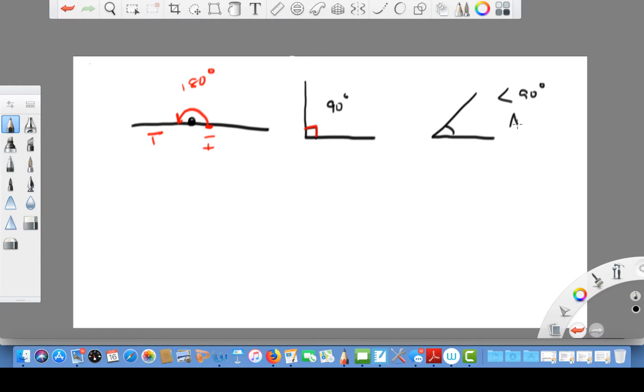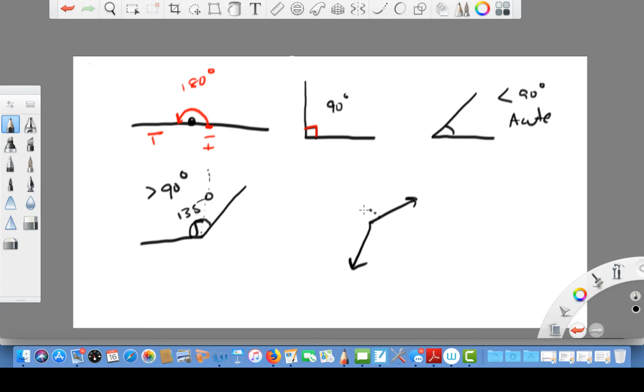An acute angle is less than 90 degrees. Okay, and obtuse would be greater than 90 degrees. So let's call this one right here 135 degrees, which is obtuse. It's greater than the 90. Okay, 90 would have a square, but that's not what we have. And then one more angle that maybe we don't use or talk about very often.